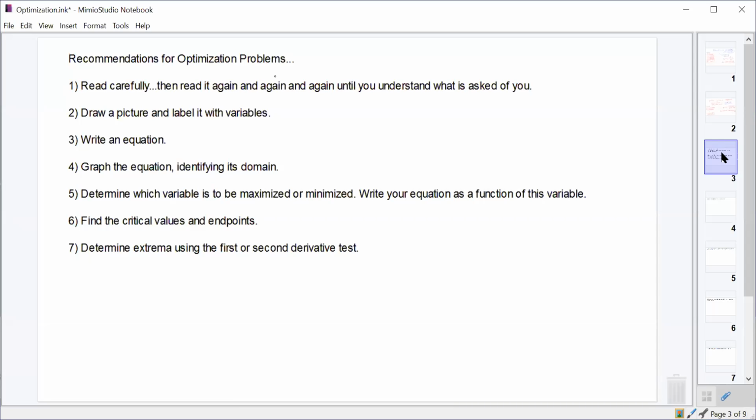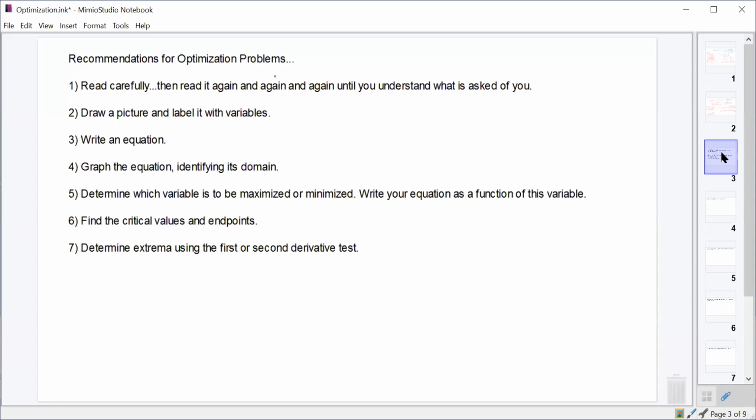So draw yourself a picture and then label that picture, write yourself an equation, and for step 4, either graph the equation to help you find its domain, or if you can, just figure out what the domain of the function is itself, so that when you do take the derivative and get the max and the min, you can make sure that your answer makes sense in the context of the problem, right?